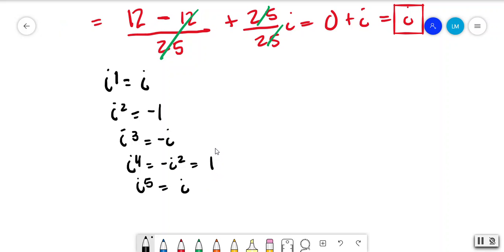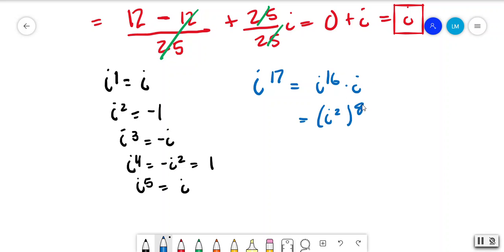So what I'm trying to say is that, for instance, if I was to look at i to the 17, what we can do here is say that's really just i to the 16 times i, and then that's i squared raised to the 8th power multiplied by i.